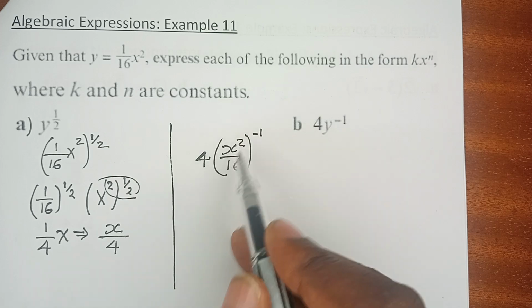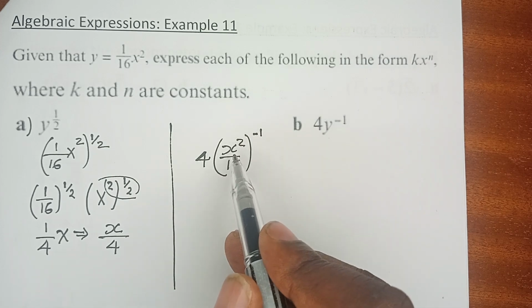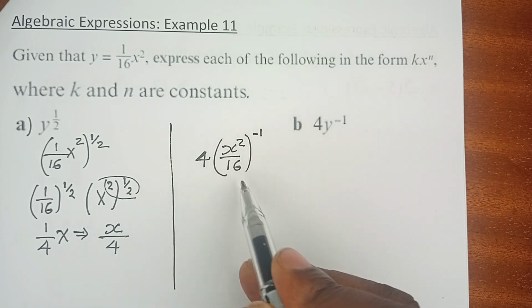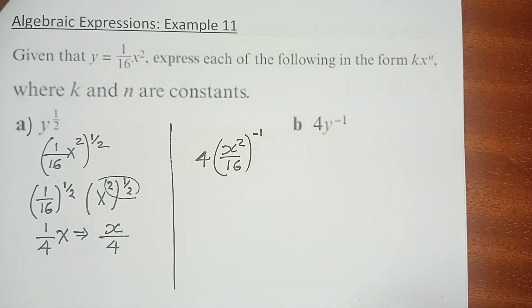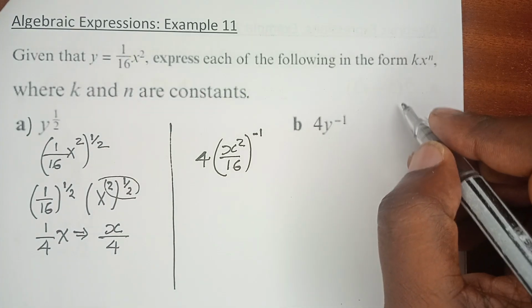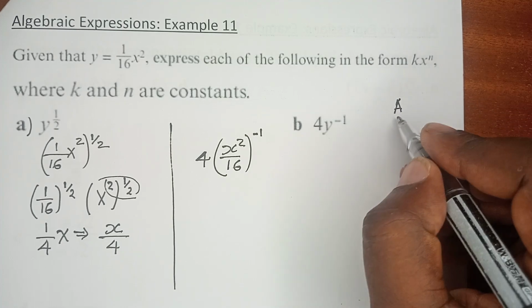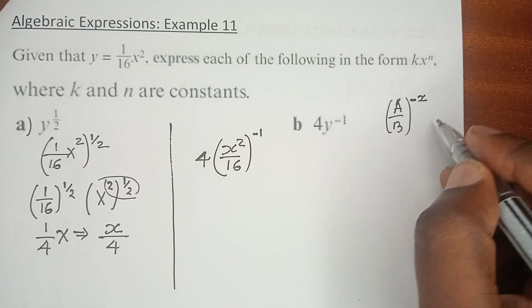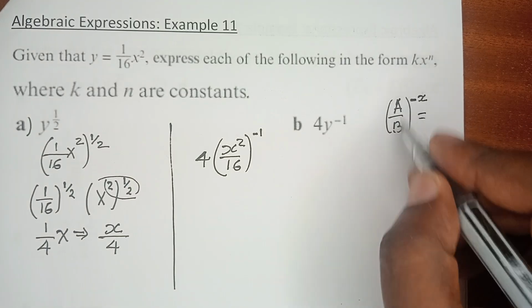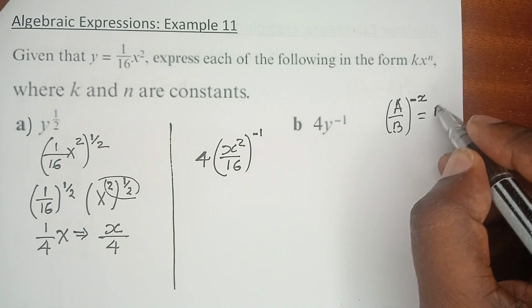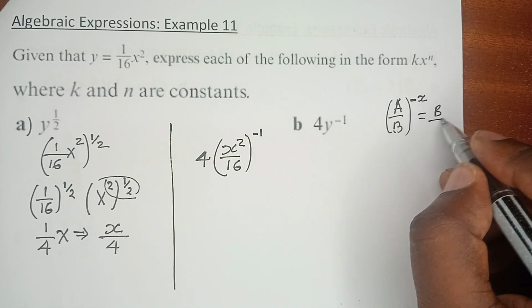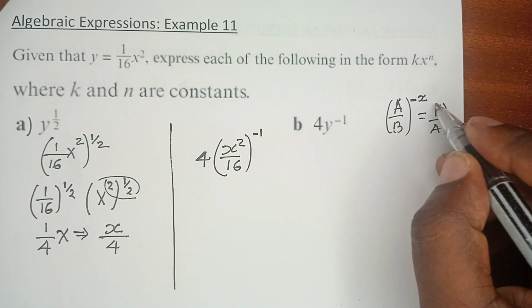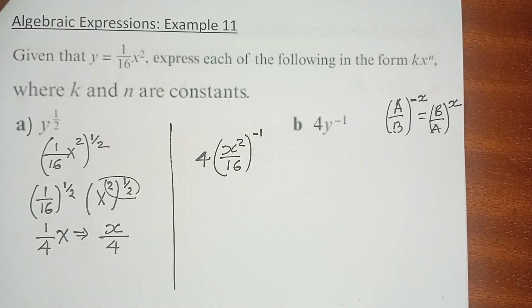And as you can see, there is this part which is x squared over 16 raised to power negative 1. And if you remember what we said about a over b raised to power negative n, we just need to flip the two, a and b, so b becomes the numerator and a becomes the denominator, and the power of the index automatically reverses to positive or vice versa.